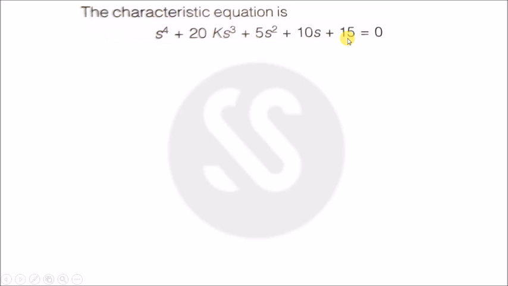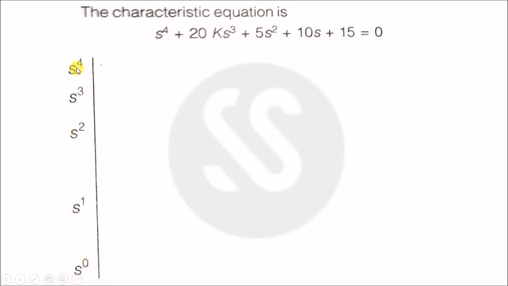As we studied in the last classes, we need to draw a table called the Routh table. The first column contains all the powers of s in descending order. The highest power, or the order of the equation, is 4, so we write s to the power 4, then s cube, then s square, then s to the power 1, and s to the power 0.